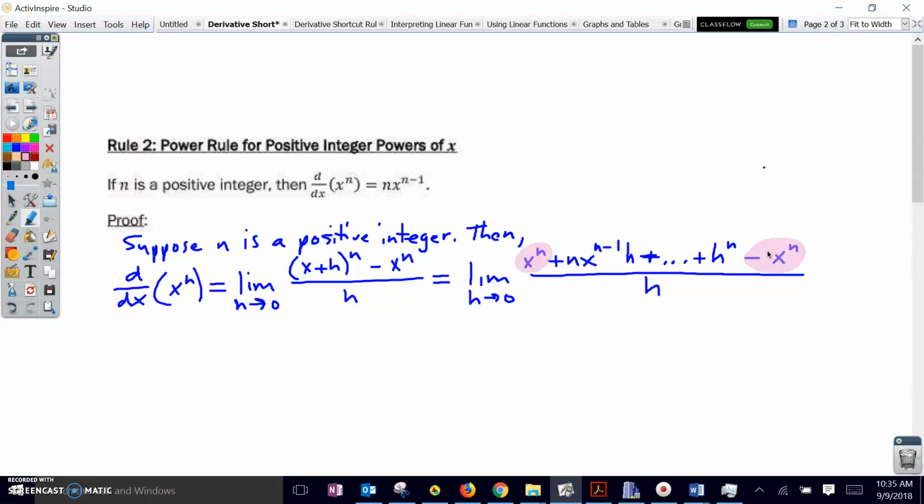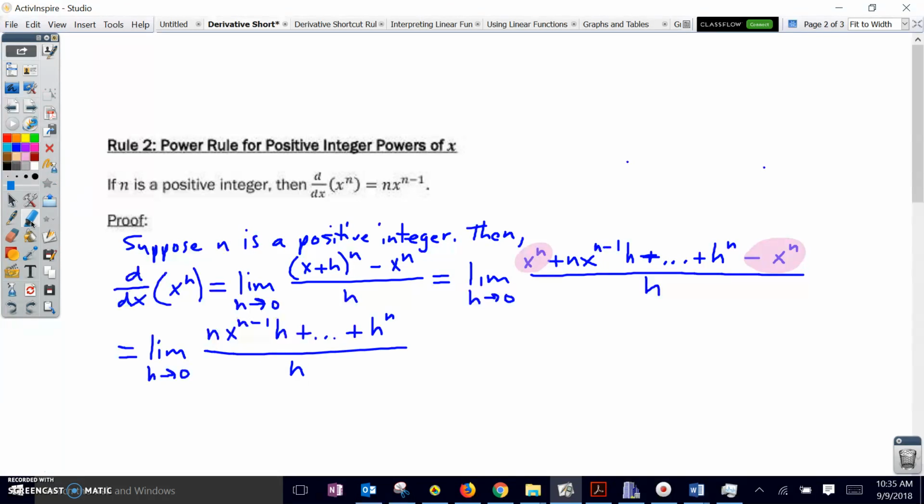Those are going to cancel each other out and get us to our next step, which is that this is the limit as h goes to 0 of n times x to the n minus 1 times h plus all these other terms plus h to the n, all over h.